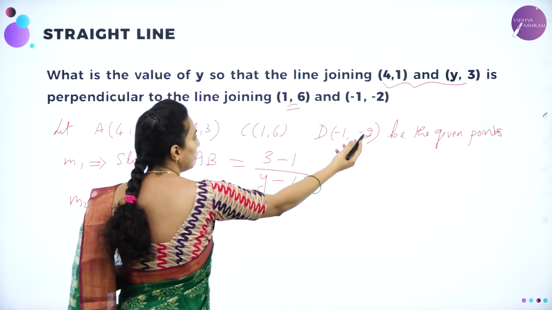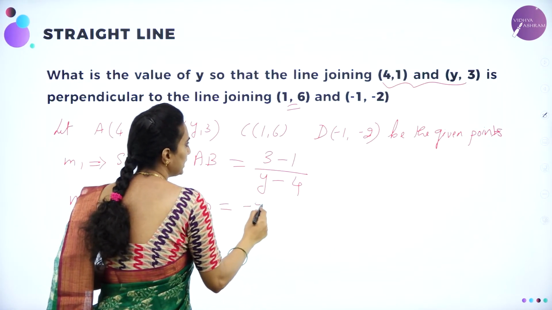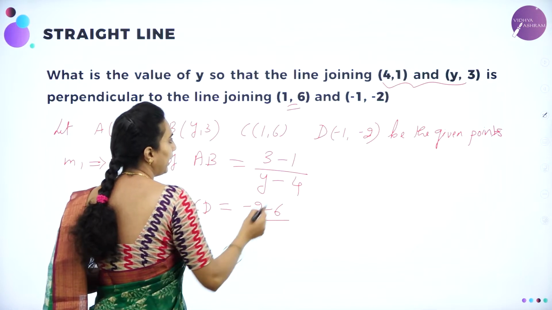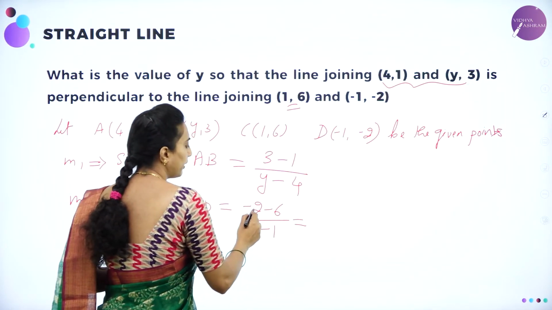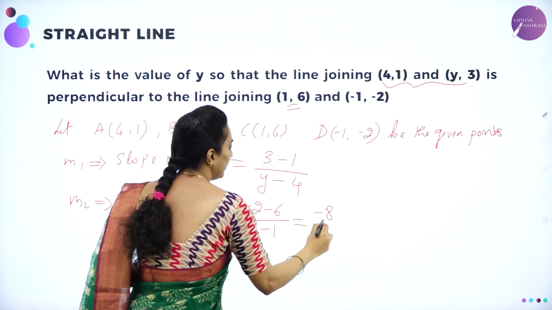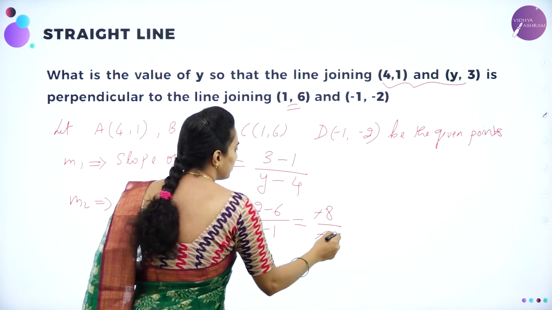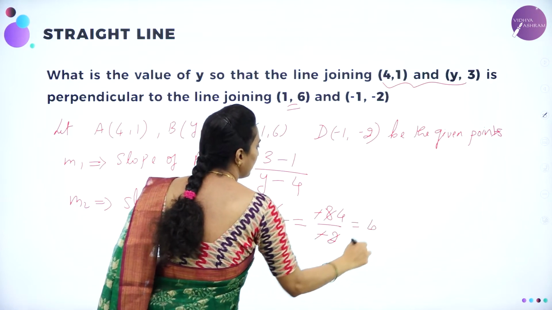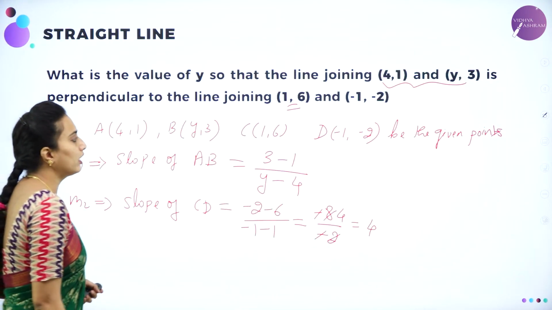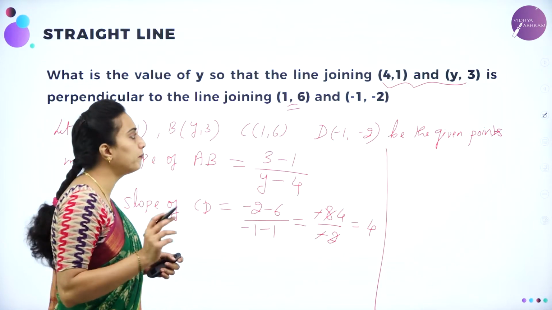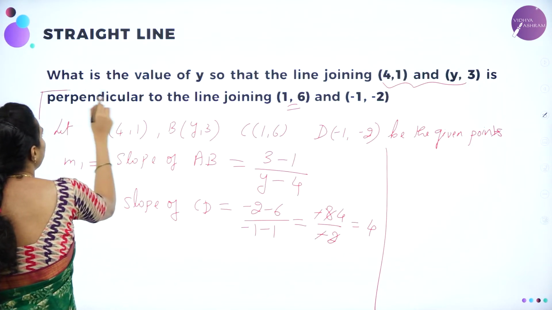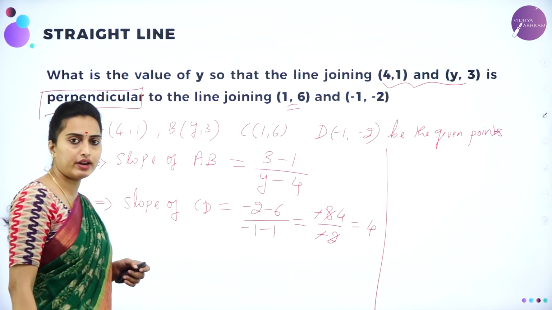Slope of CD again is y2 minus y1, that is -2 minus 6, divided by x2 minus x1, -1 minus 1, which implies -2 minus 6 is -8 by -2, which implies 4. Now according to the given condition, M1 dot M2 will be equal to -1 because they have given that these two lines are perpendicular, right?